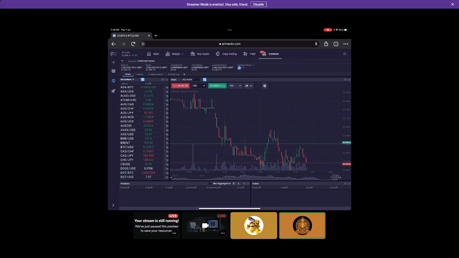So the way that PrimeXBT works is it's not based on isolated margin. When you open a trade, the trade goes against or with the entirety of your margin. So if you open a losing trade, your liquidation point is essentially all the margin you have in your account. You can use that up as your liquidation point.